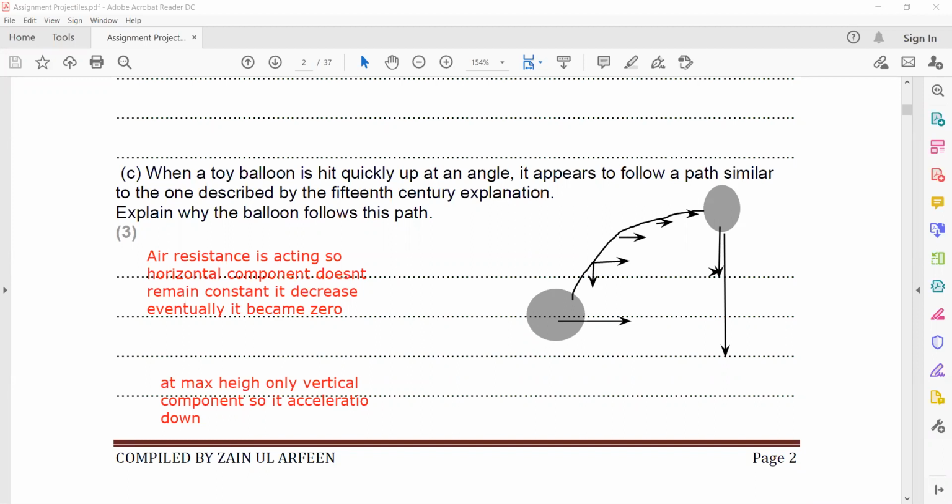Is this concept of the projectile clear? So this is what practically happens when a projectile is launched. Air resistance opposes the motion, so eventually the horizontal component will be zero and it will have only the vertical component, so it moves downward. But the assumption is that there is no air resistance, so the horizontal component stays constant throughout the motion.